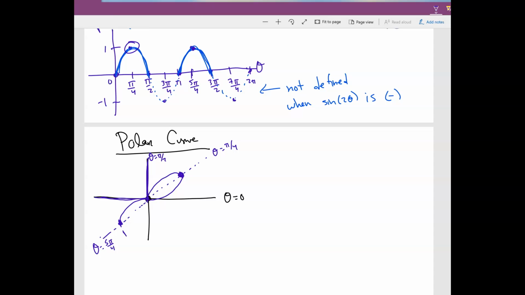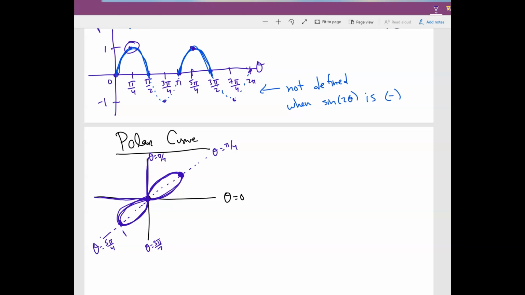Okay. And then you're going to go back to 3 pi over 2, and then you're going to go back to 0. And notice that after that, there's nothing there. So you kind of have like this figure 8 shape. If I drew it a little bit better, it would make more sense. But this is basically what it looks like.